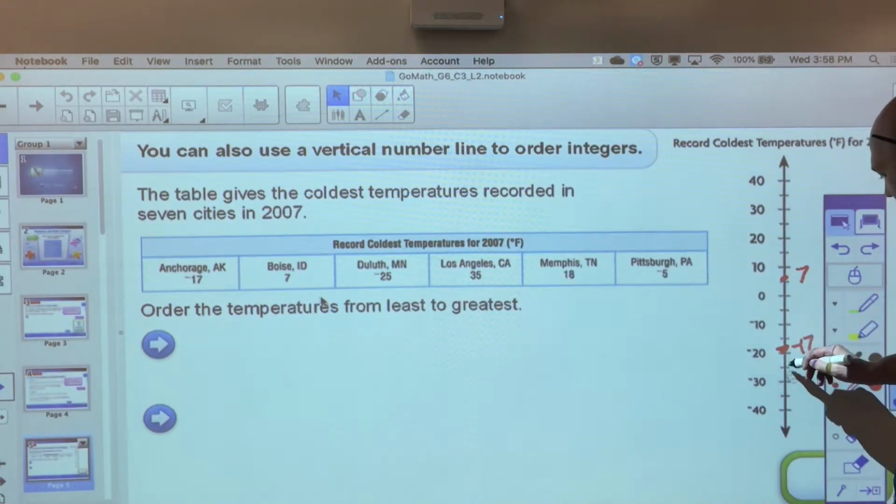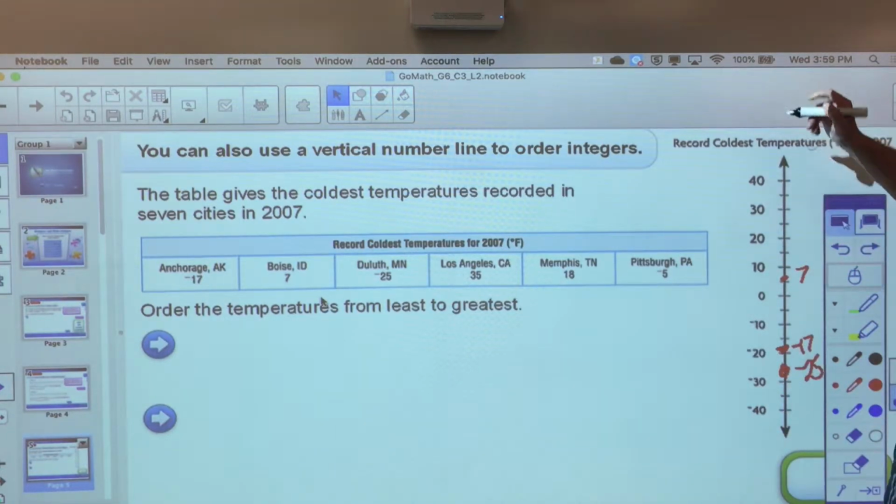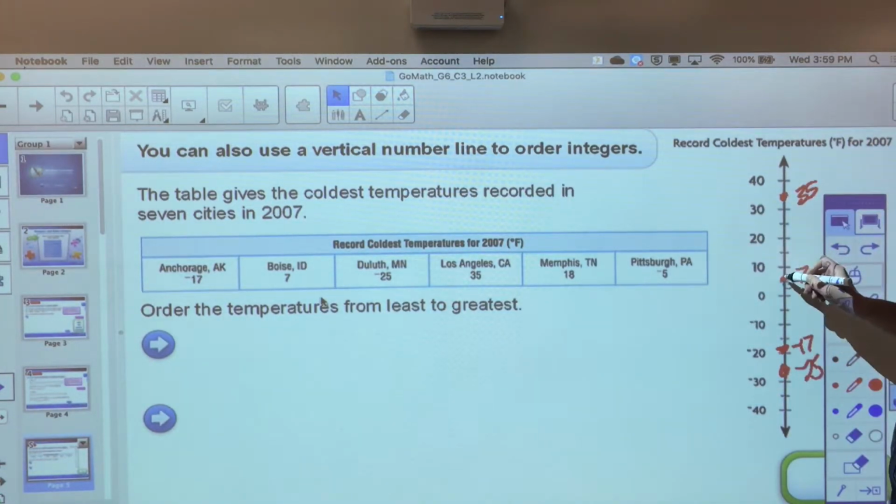So -25 between -20 and -30, -25. Los Angeles, California, positive, I'm above 0 here, +35 for LA. And then Memphis, Tennessee is almost at a +18. So we're going to go just below +20 here. And Pittsburgh, Pennsylvania, just below 0 at -5.